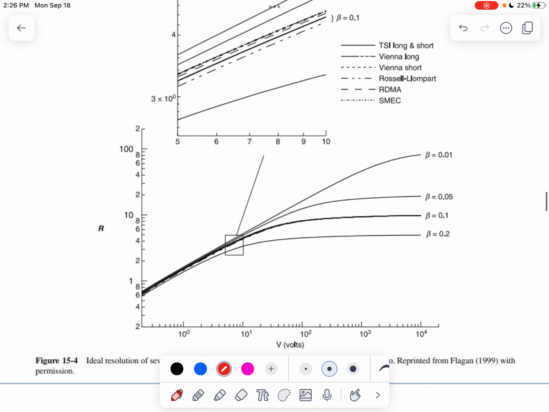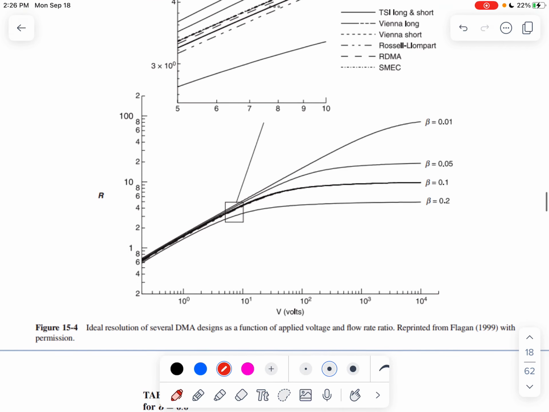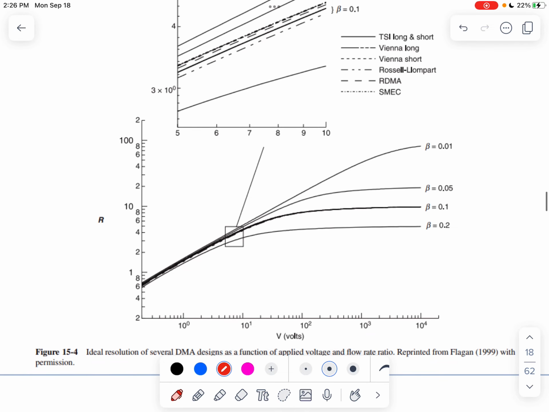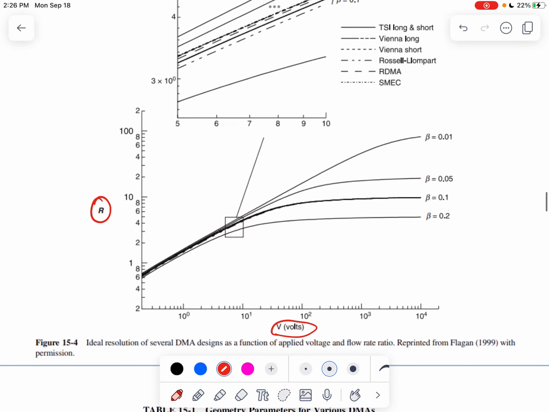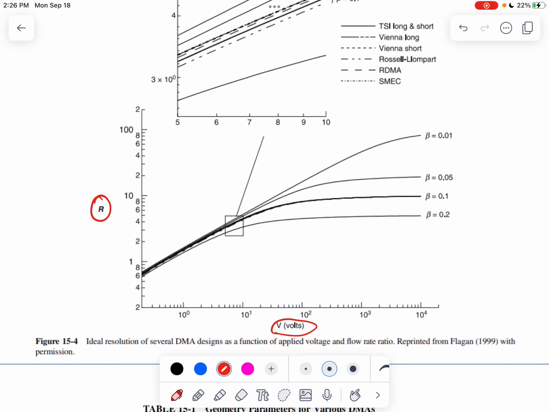People have also tried to show the resolution of the transfer function as a function of the voltage being applied onto the DMA. We introduced earlier that the higher the voltage, the larger the particles being classified. Because of that, you see the resolution is just going to reach a plateau when you're trying to classify particles at larger voltages.